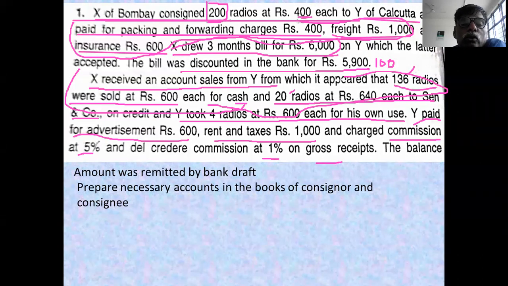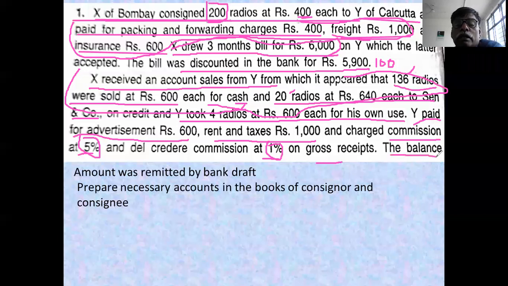So you calculate 5% on total sale value as general commission and 1% of the total sale as del credere commission. This is the fourth item on the consignment account debit side. I have given you this format, you must have noted it.